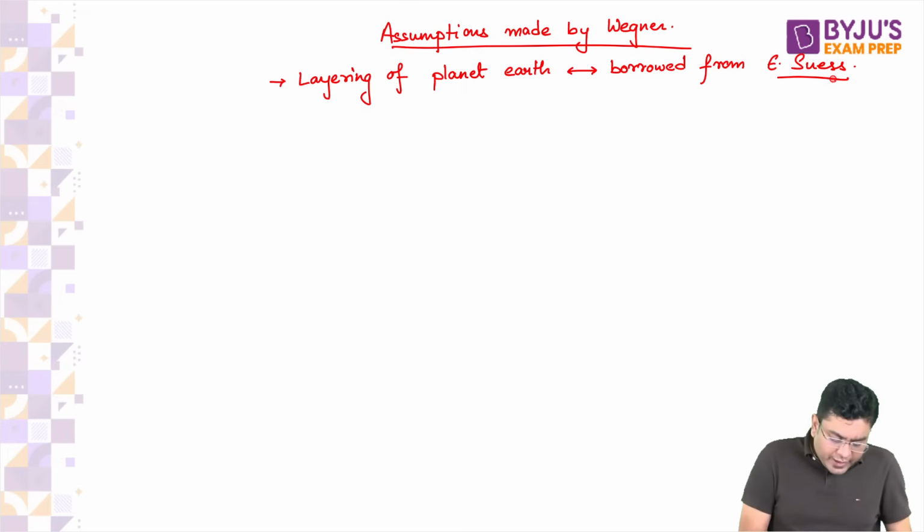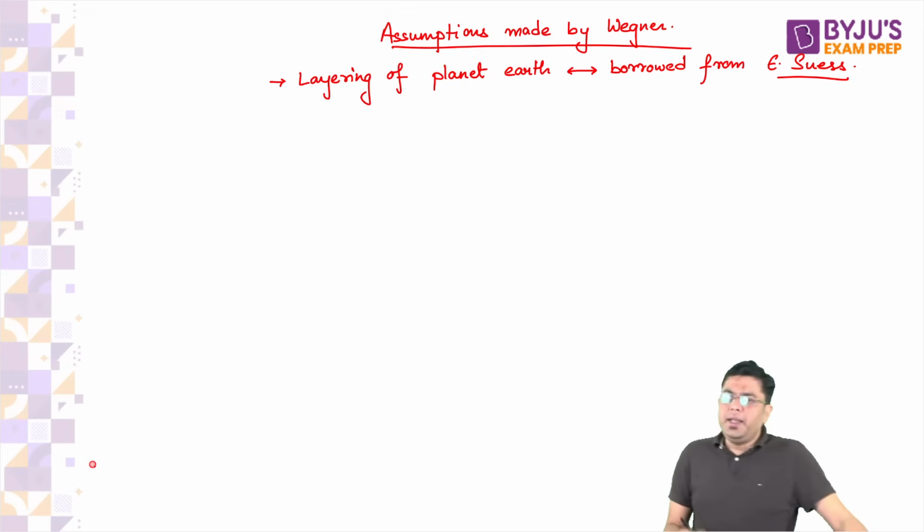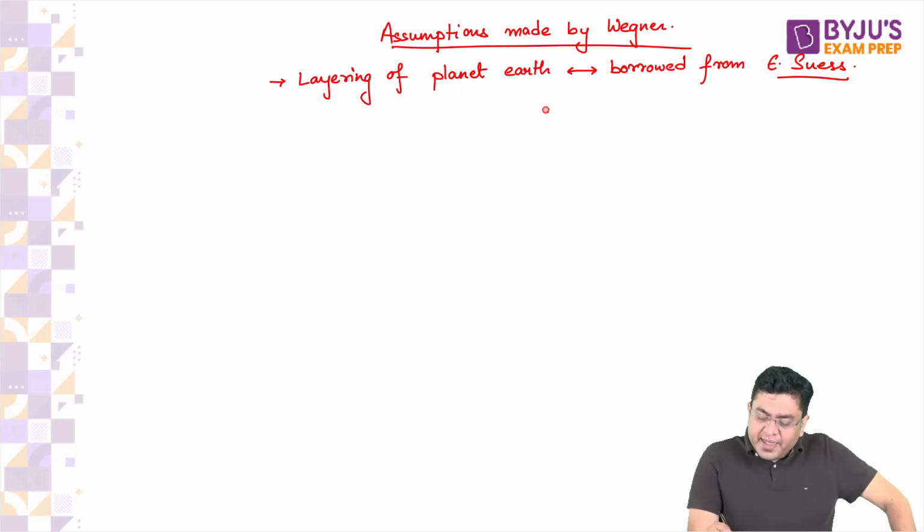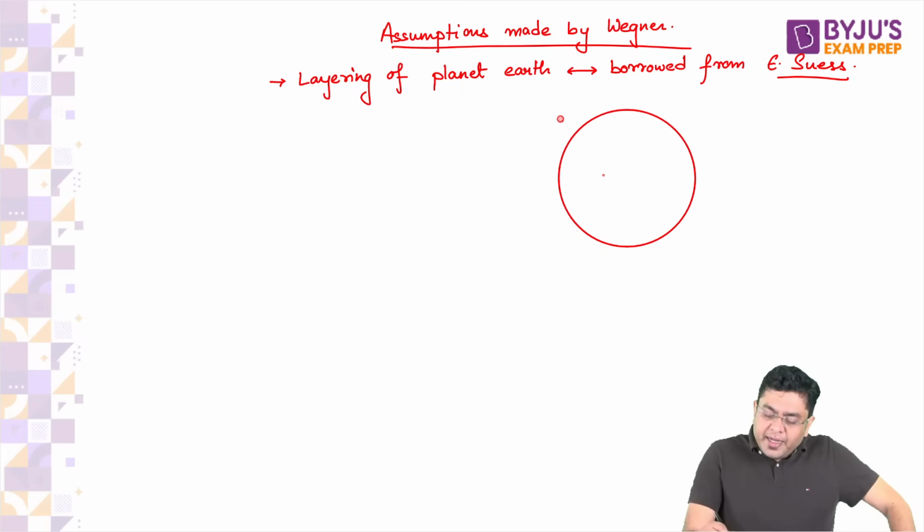Now, what is the idea about the interior that Edward Suess had said? Edward Suess had basically said that, look, the entirety of the planet is divided into three very distinct and uniform layers.